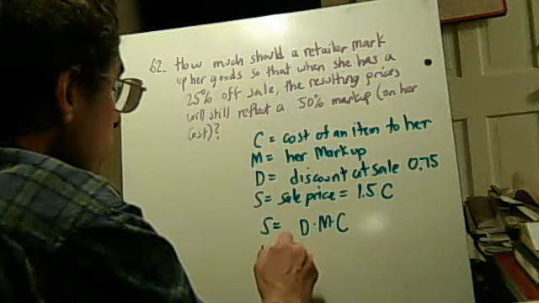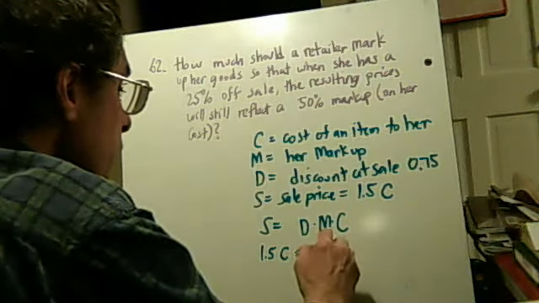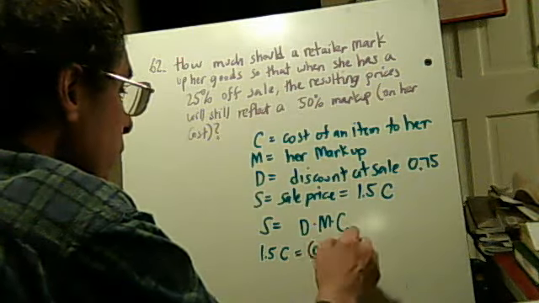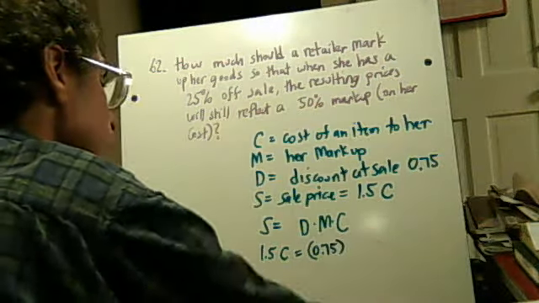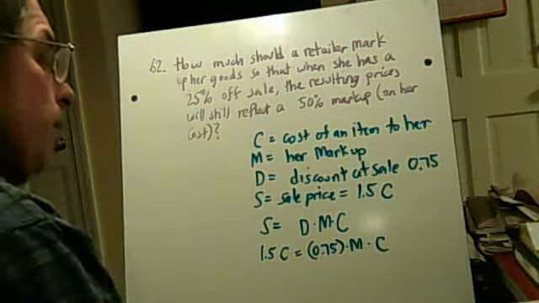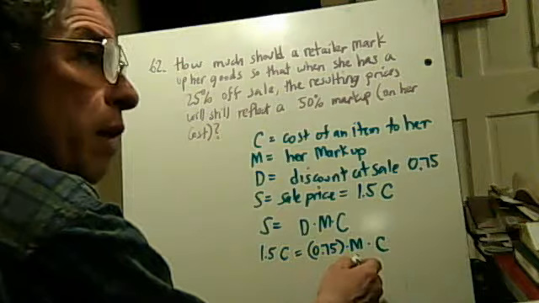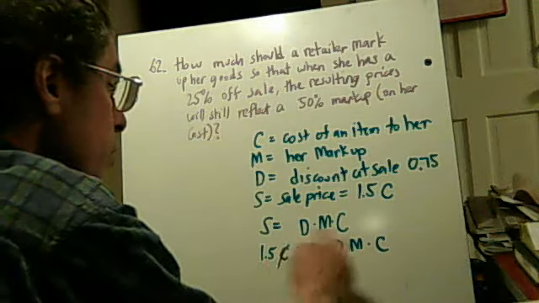So if you're going to sell it at 1.5 times the cost, and if that's going to be equal to 0.75 times the amount you marked it up, times the original cost, what does M have to be? The C's cancel out. Boom.